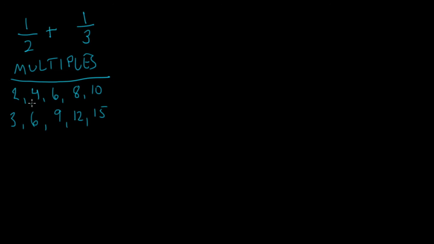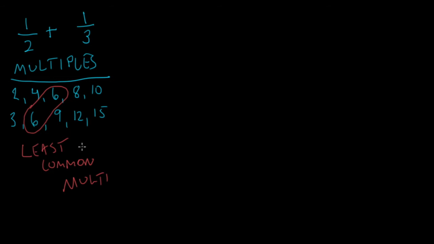And what you're looking for in order to find the least common multiple is the number that they have in common that's the smallest. So 6 is what they have in common. Again, let's think about that phrase, least common multiple.